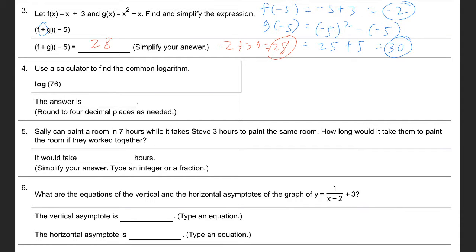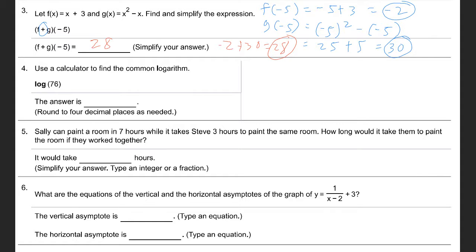Problem 4. Use a calculator to find the common logarithm. So without any base, that's a base 10 or a common log. So you can just use your calculator and find the log button that's near the 7 button, to the left of that in your TI 83 and 84 plus, or just 83 and 84.